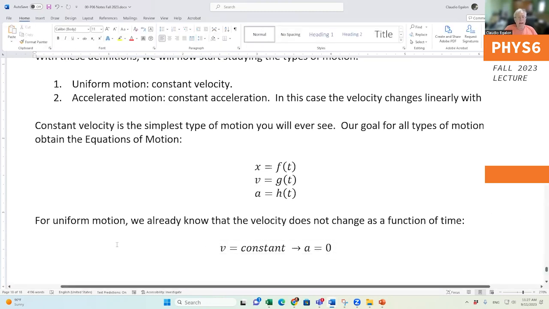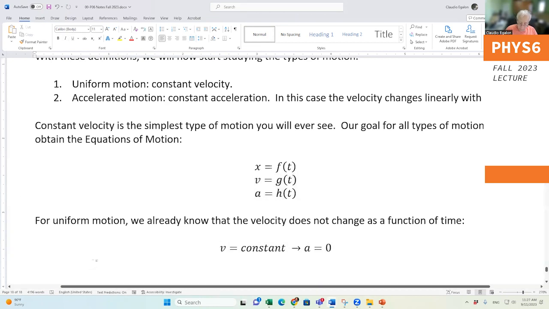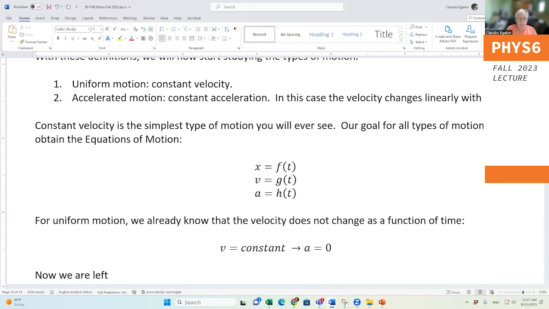Out of the bat, I already have 2 of the equations of motion. Just by defining the type of motion as uniform motion, which is constant velocity, I already know how the velocity is going to behave and how the acceleration is going to behave. Now, we are left with calculating the position.